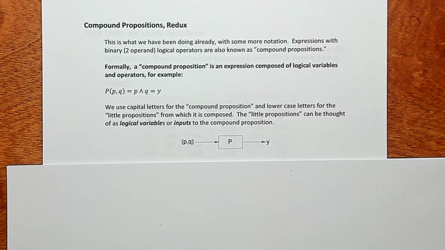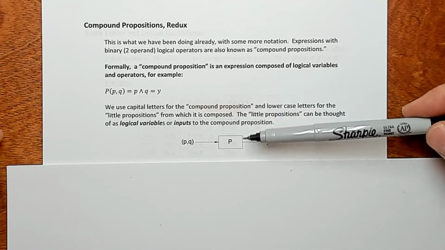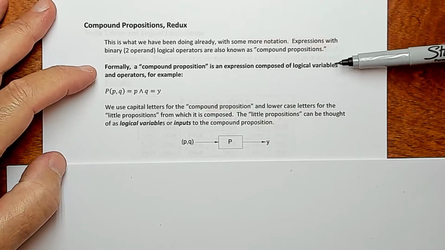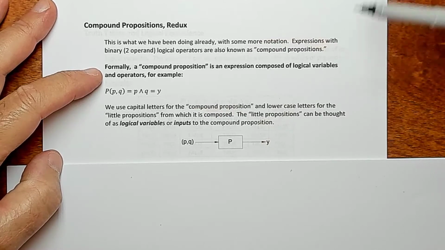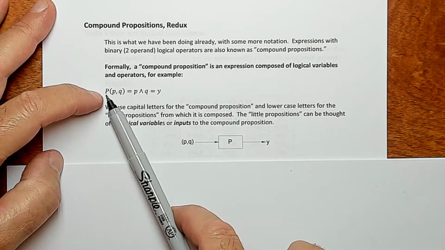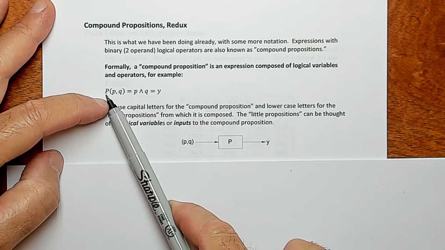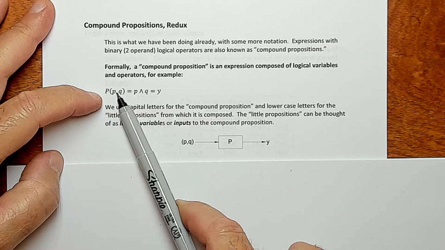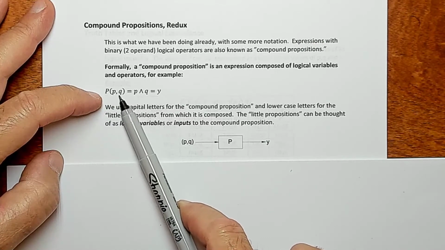Okay, so we can add a little more notation here so that we can develop this a little bit further. So we have something called a compound proposition. It's an expression composed of logical variables and operators like this, where you have a capital letter representing the compound proposition, and then you have these little letters representing smaller propositions.